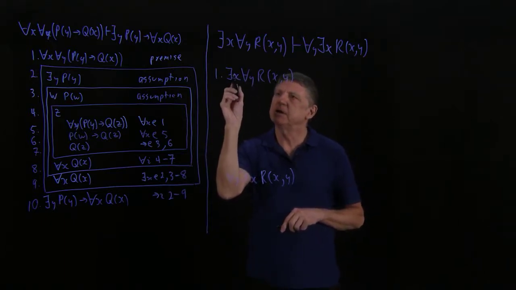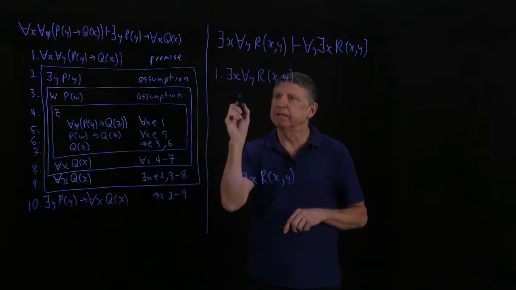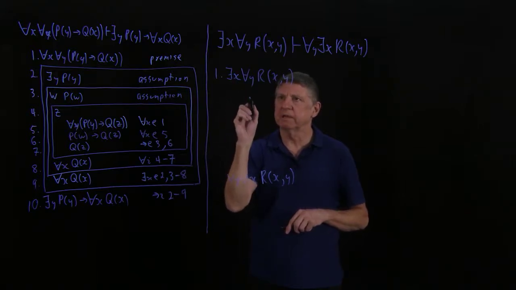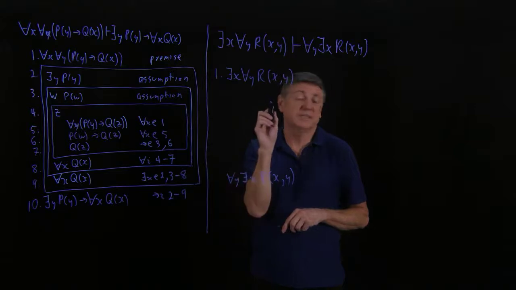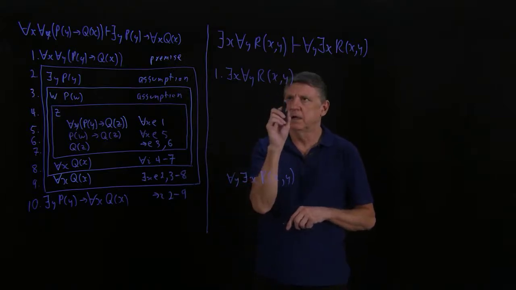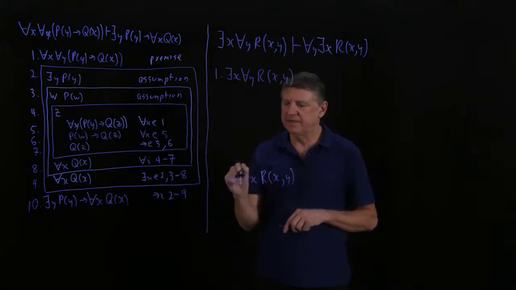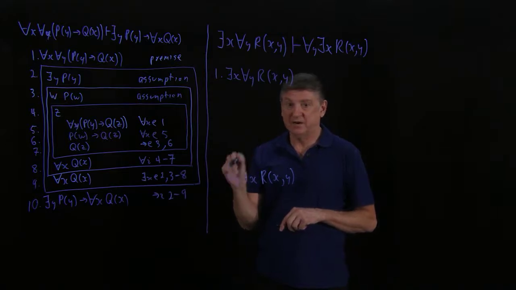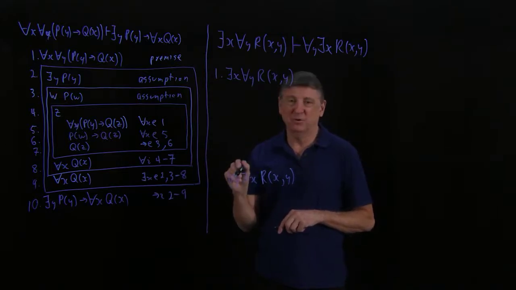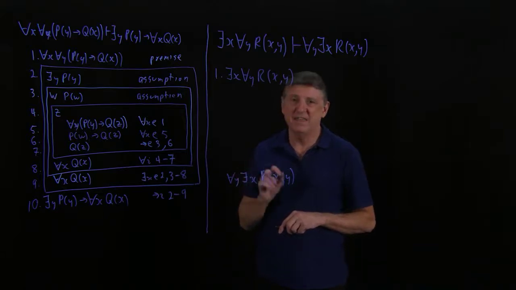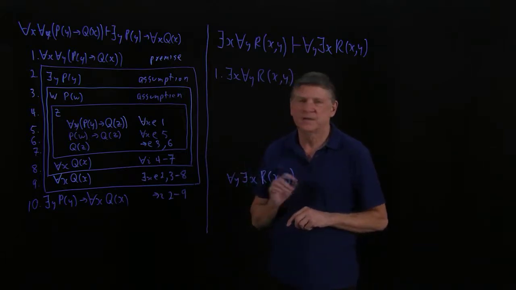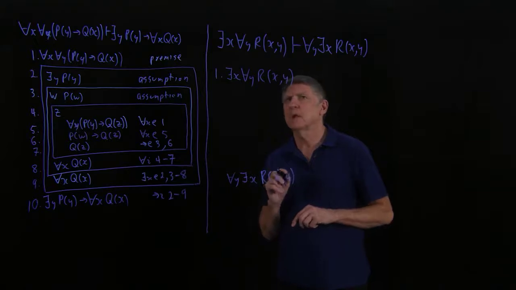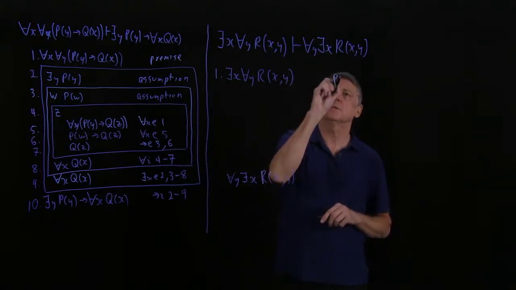If I imagine eliminating that, then my assumption would look like for all y, R of, let's say, w, comma, y, and then I'd have a for all y, and then my goal formula would get copied in, and it would be a for all y, and there's an exists x in there, and that just doesn't feel very good. So I don't like that idea. Oh, by the way, that's a premise.